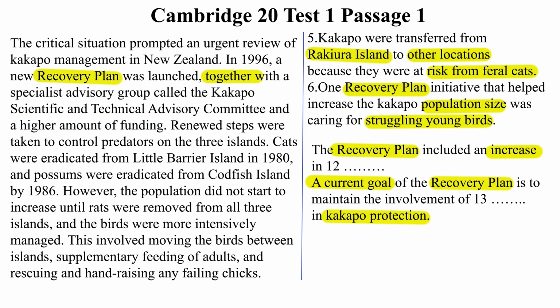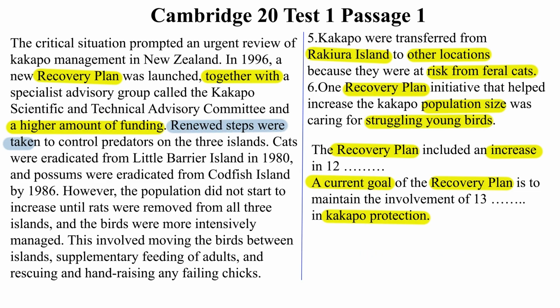Here, the recovery plan is the indication of the answer to question 12 and question 6, but together with means included. So move to question number 12. Now find out what increased. Higher amount means increase. So the answer is funding for question number 12.